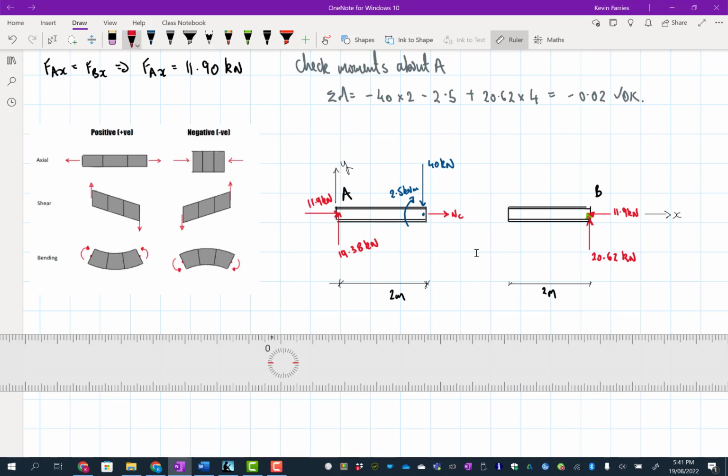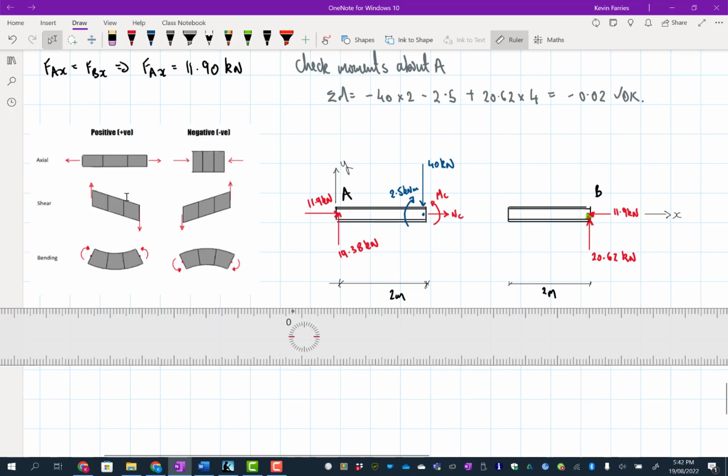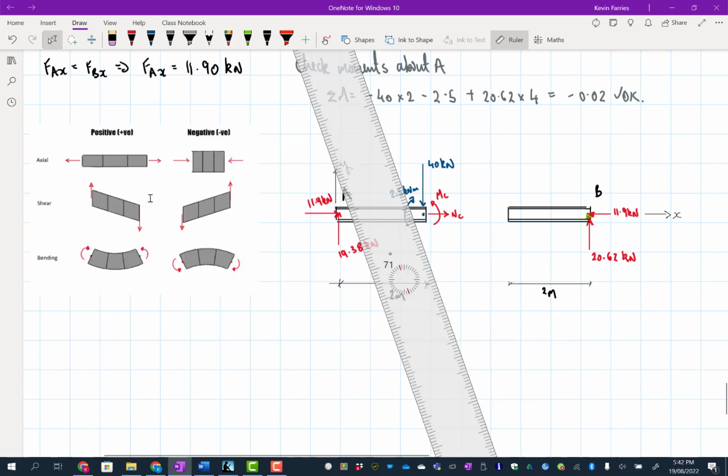And similarly, we want to draw in the moment here. So this is MC, and we're just drawing it on to get a positive bending moment, sagging. And so we're on the right-hand side of that part, so it needs to go that way. So that's MC, and we'll probably have a shear. So for positive shear, it should be downwards on the right-hand side.